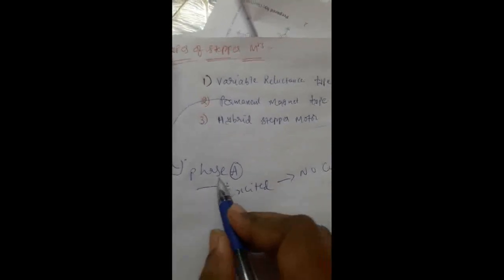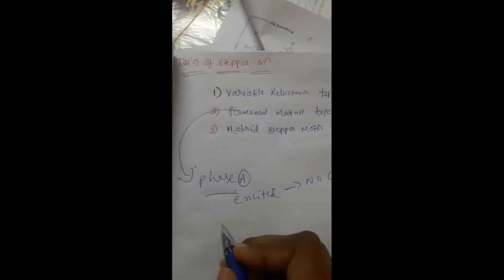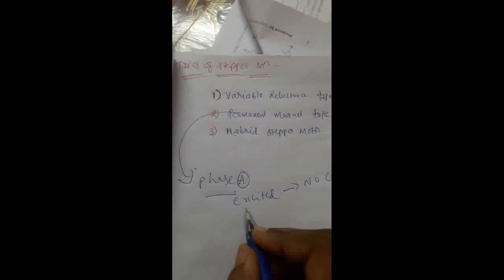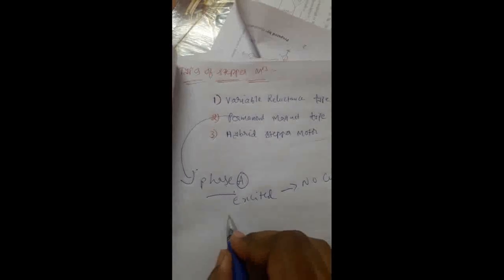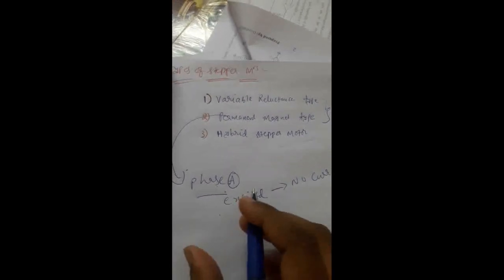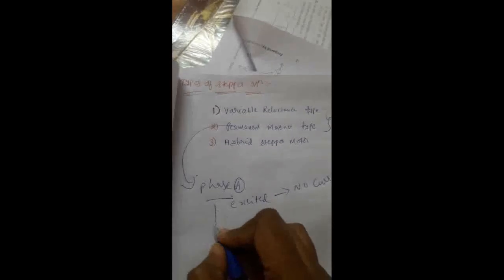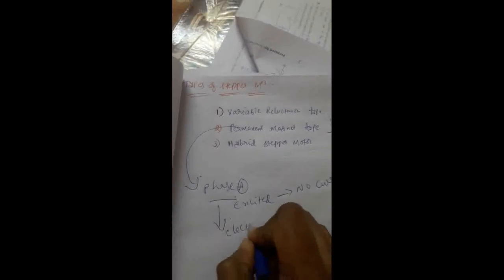The north pole is attracted towards the south, and the south is attracted towards the north, so the rotor is attracted towards the stator and starts moving in the clockwise direction.